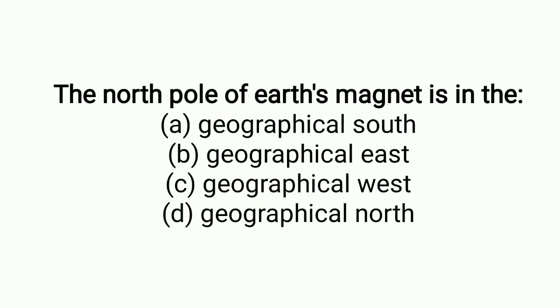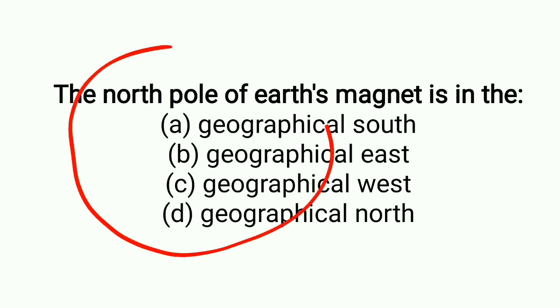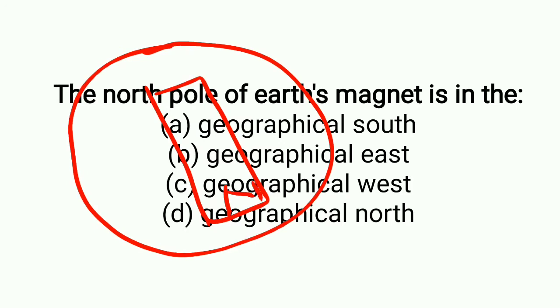The north pole of Earth's magnet is in the option A, geographical south. Option B, geographical east. Option C, geographical west. Option D, geographical north. So here we have Earth, and this is the Earth's north and south.